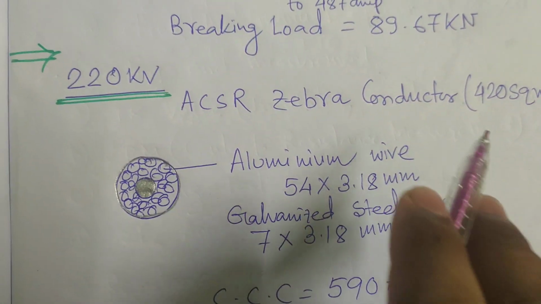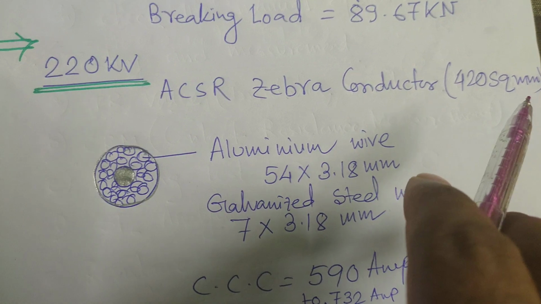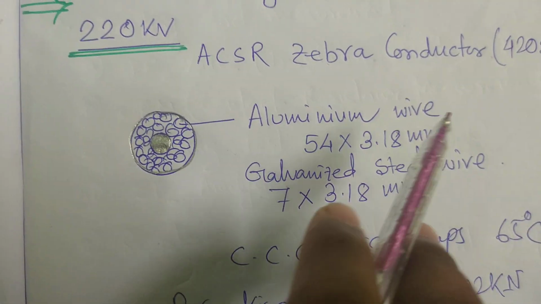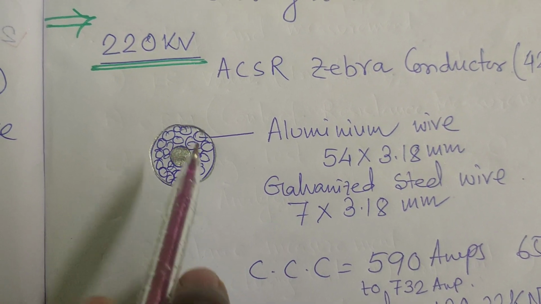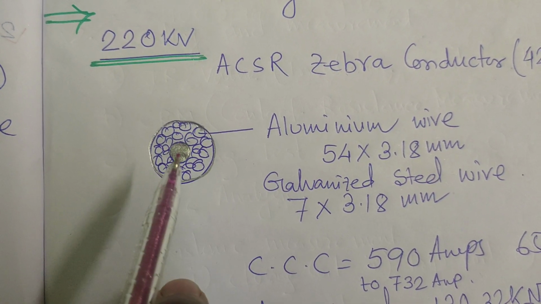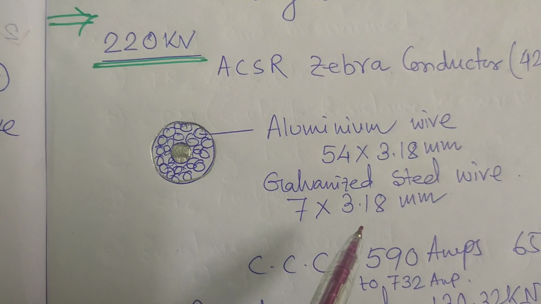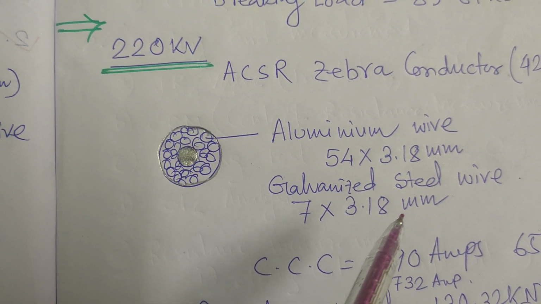We are using 420 square mm. The aluminum conductor has 7 steel wires inside, each with a diameter of 3.18 mm.